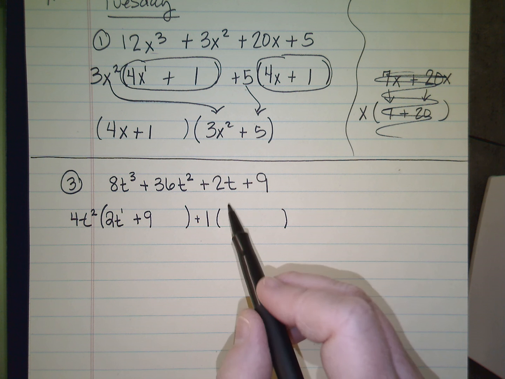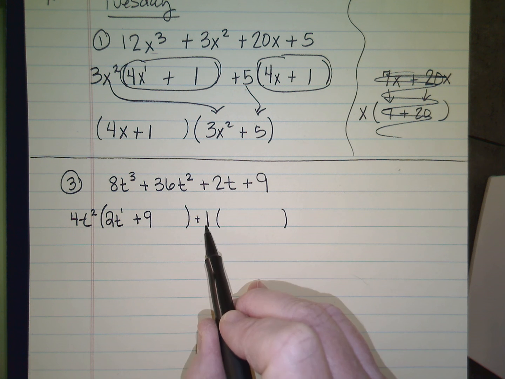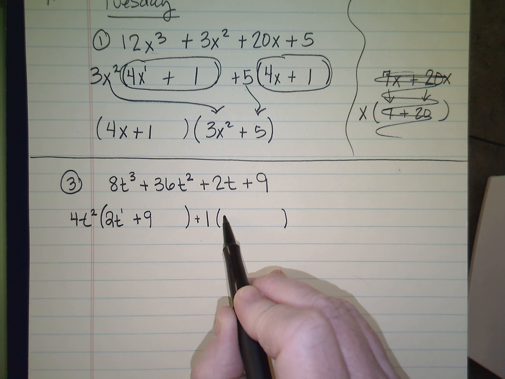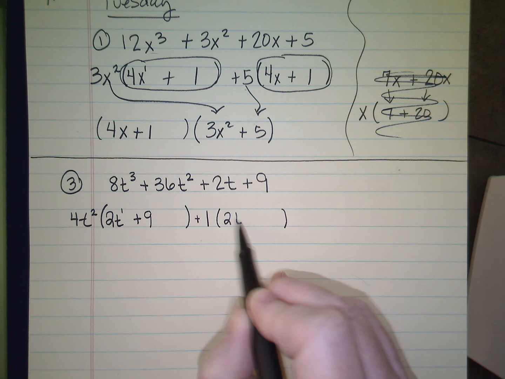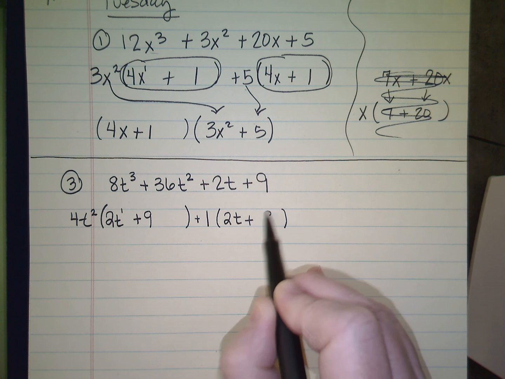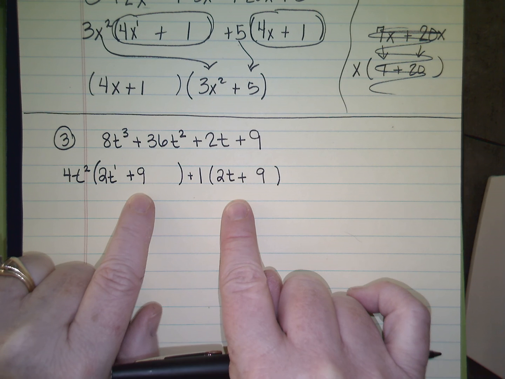I'm going to factor it out of the 2t. I'm going to ask you, what did I multiply 1 by to get 2t? So what would that be? 2t. And what did I multiply 1 by to get 9? 9. I did that because I want the stuff in the parentheses to be identical.